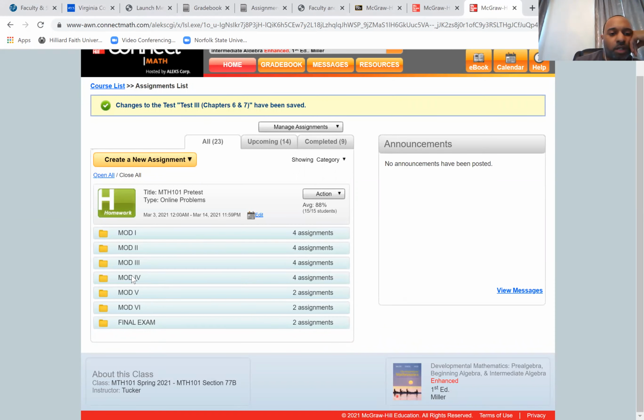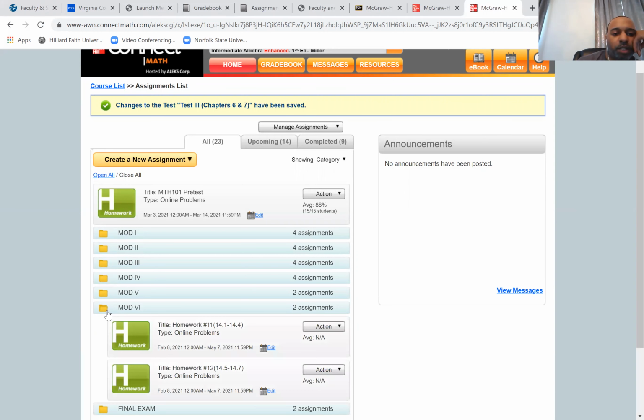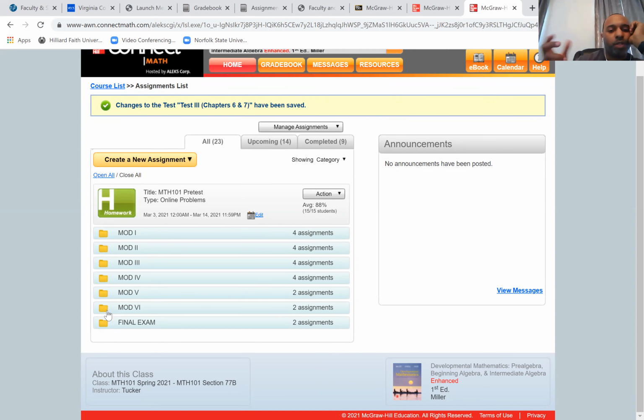So I haven't changed it in there yet, but that's what it would be for Mod 4 and 5. No, 3 and 4. So everything up to Mod 4 is expected to be completed by April 4th. And then those last two will be, you know, the final grade, including their final grade.